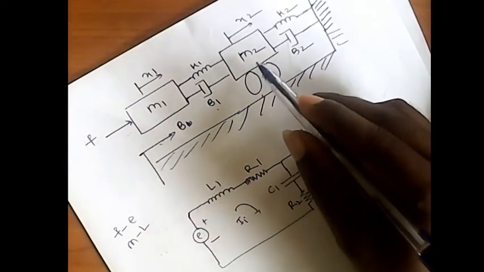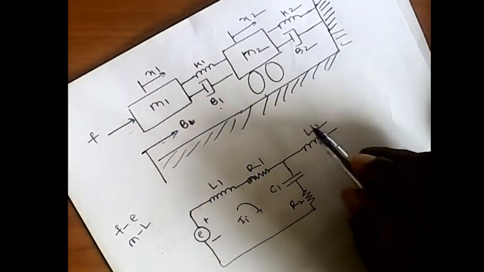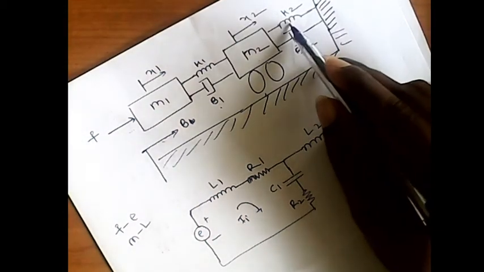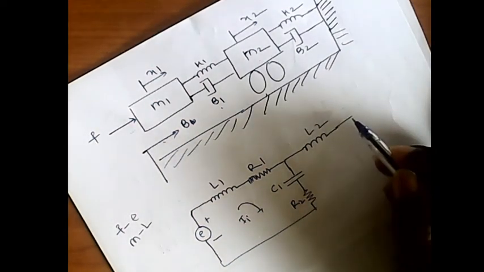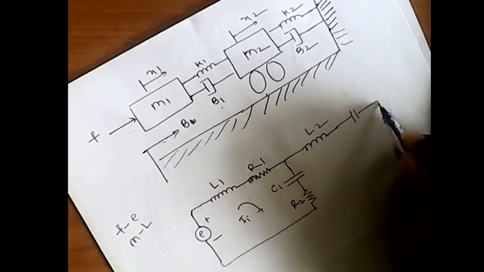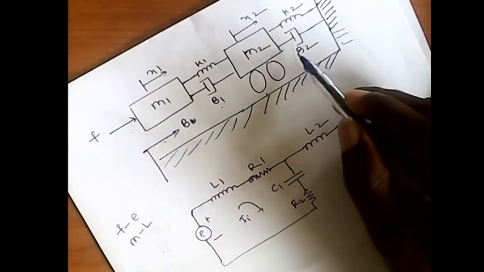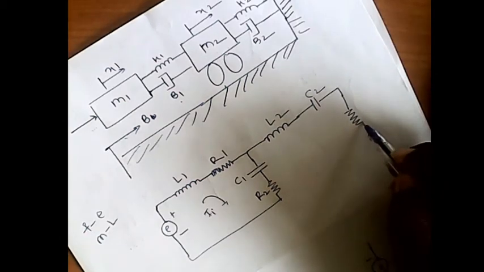Similarly, when we apply force on mass M2, which is converted into E, this mass is converted into M2, and the spring constant K2 is converted into C2, and here again a damper is present, so friction constant is converted into resistance R2.